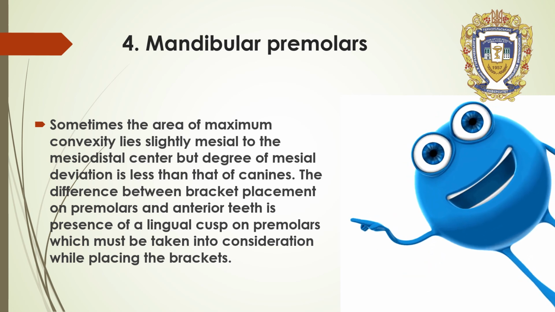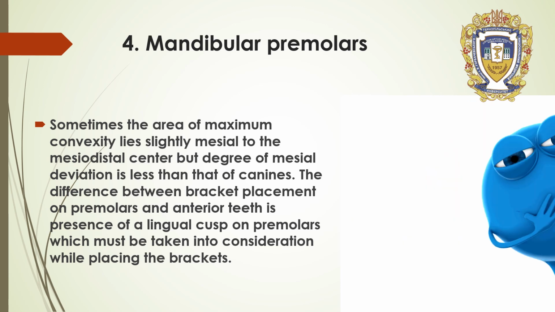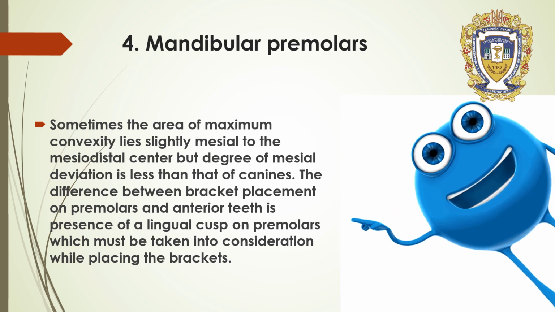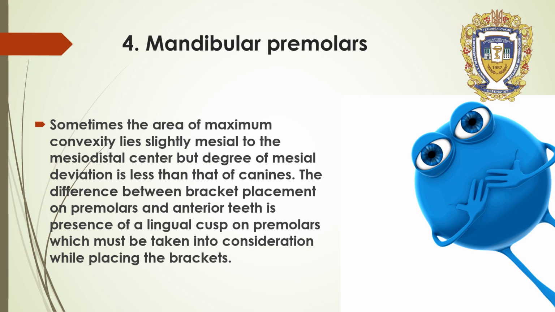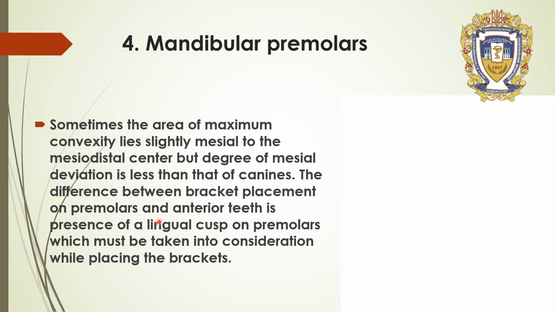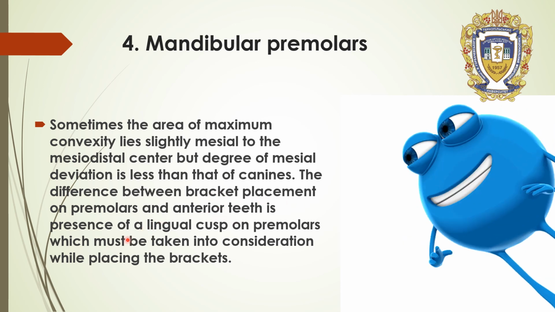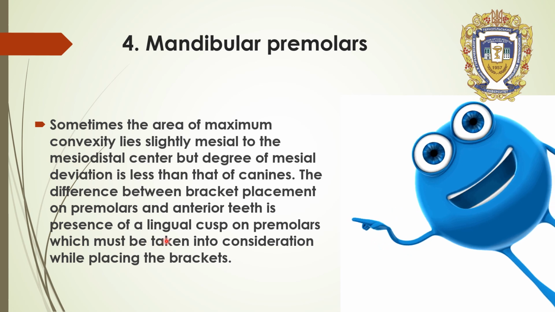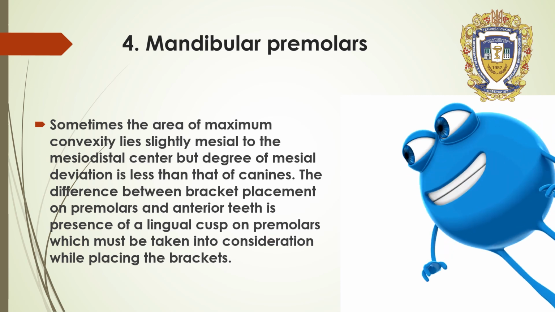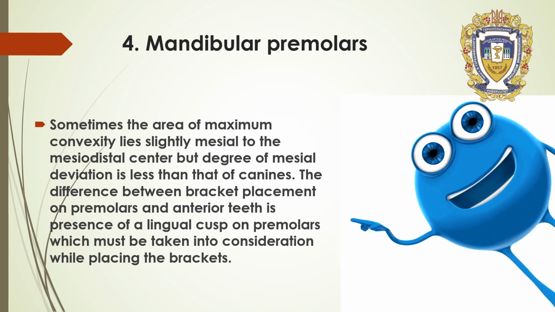Sometimes the area of maximum convexity lies slightly mesial to the mesiodistal center, but the degree of mesial deviation is less than that of canines. The difference between bracket placement on premolars and anterior teeth is the presence of a lingual cusp on premolars, which must be taken into consideration while placing the brackets.